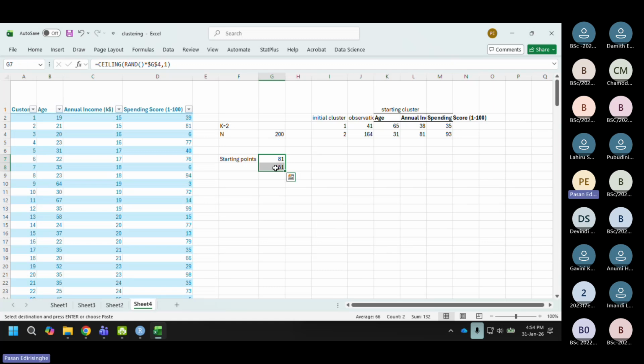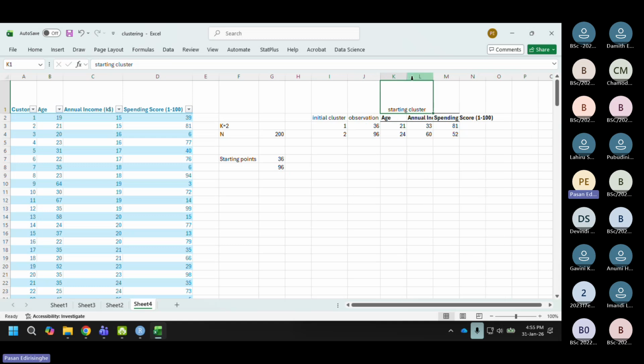I think I have to use the same command over here. Oh no, sorry, I had to use the vector, so going to this one. That way you can see the same observation will be there. Okay, so that is my initial cluster.